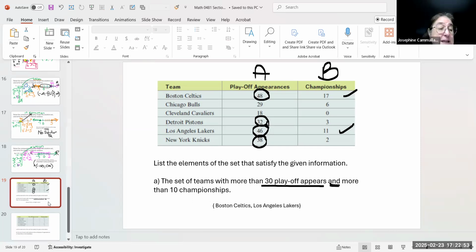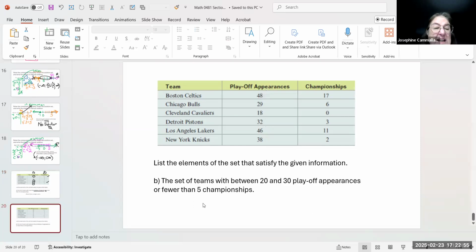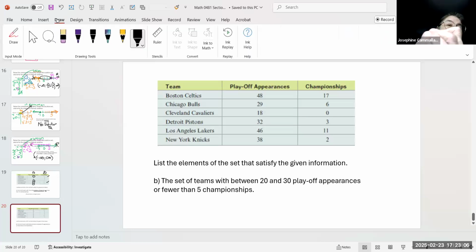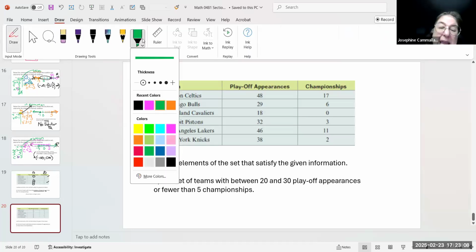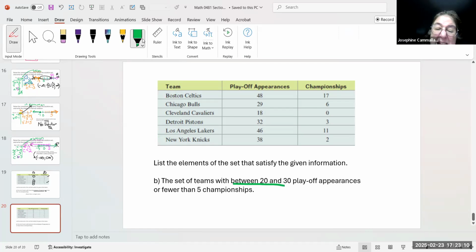Okay, same table. Now, list the elements of the set given these conditions. The set of teams between 20 and 30 appearances. Between. Well, that's my Chicago Bulls.